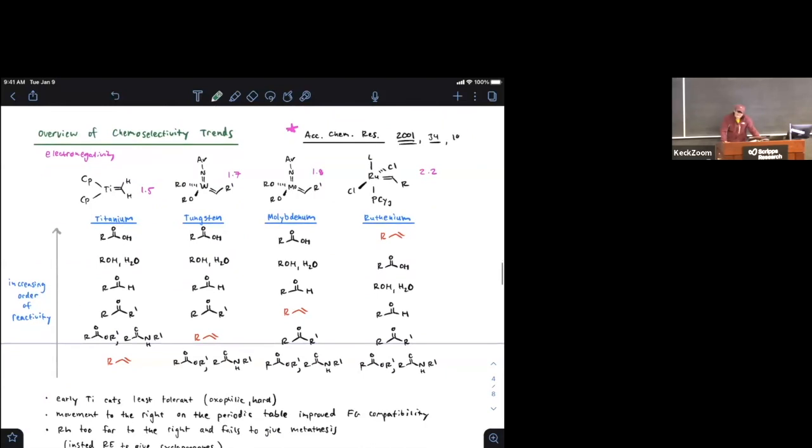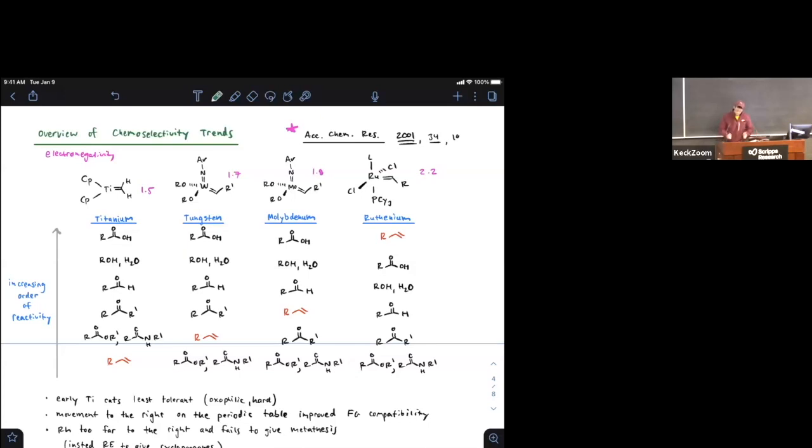Okay, let's take a look at an overview that I think provides some general orientation on how to think about the different catalysts that you'll encounter in the literature and their chemoselectivity trends. I've largely copied this and added a few details from an Accounts of Chemical Research paper from 2001, if you want to read more about this.